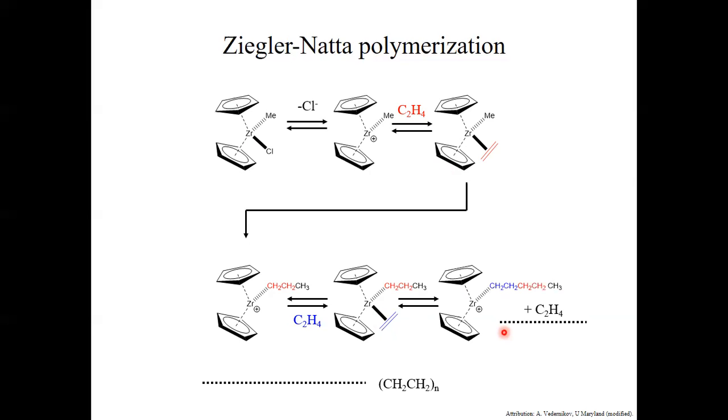And of course, there are also possibilities to terminate the polymerization, detaching then the alkyl chain from the catalyst. So this is how polyethylene is industrially made from the ethylene reaction, which is performed at a very large scale.